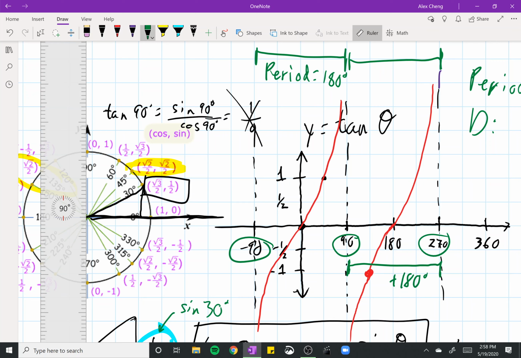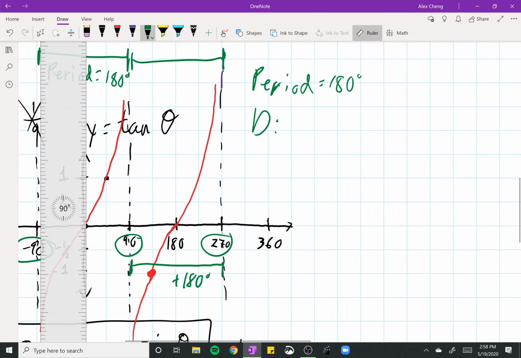And so the way we would denote this is I would say that theta cannot equal, right? Sometimes for a domain, it's easier to just say what x cannot be, or what the input cannot be. Theta cannot equal 90 degrees plus 180n.